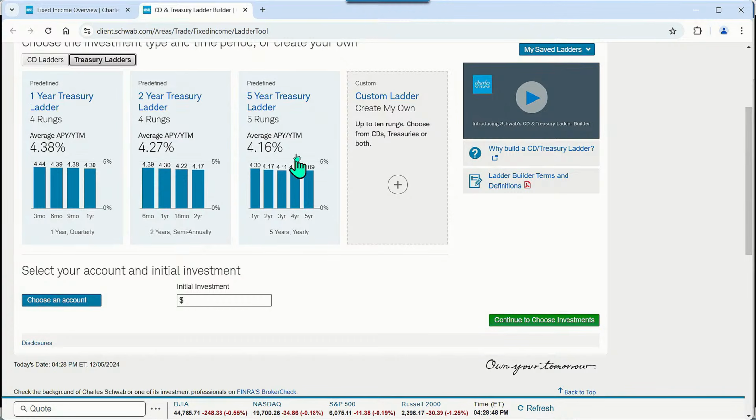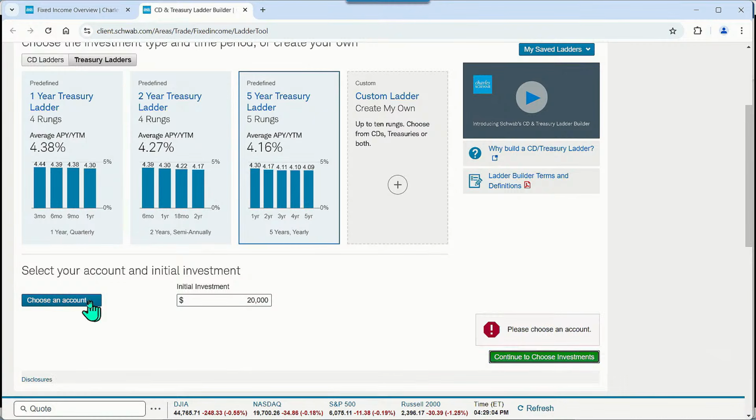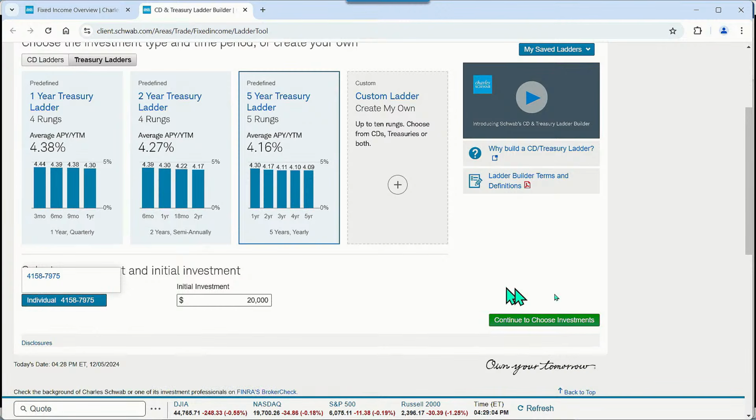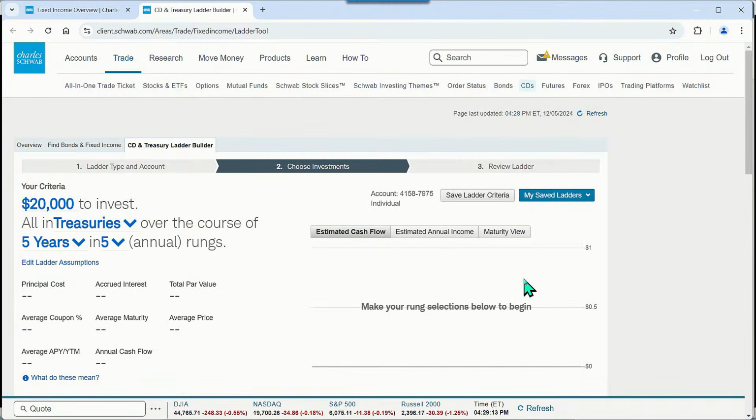So, the average annual percentage yield is 4.6%. I'm going to click on that and invest $20,000 here. I have to choose an account, and then I'll press continue to choose my investments.